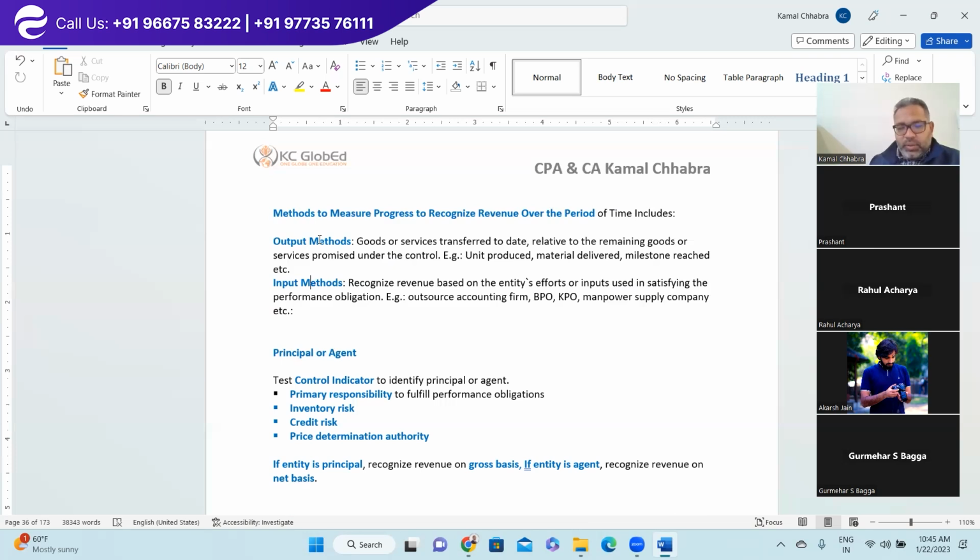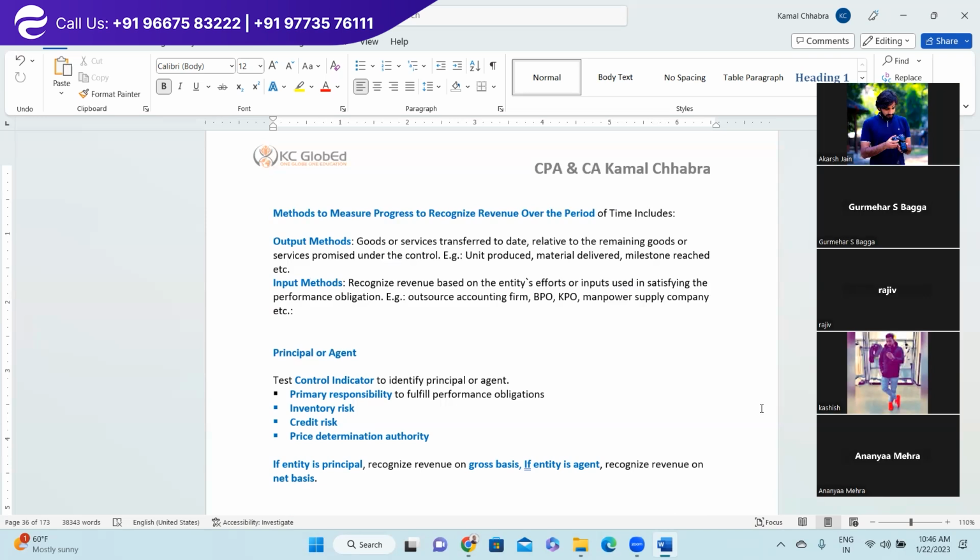Anyone else would like to add to Ayush? Gurmehar, Rahul, Rajiv, Ananya, are you getting things? Kashish? So output is something we are giving, like we're producing something and we'll quantify that.